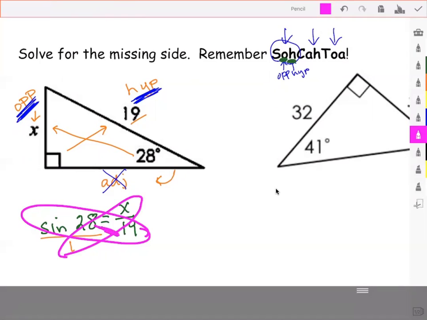And if you'll put whatever's on the bottom in front, 19 times sine of 28, if you'll put your sine, cosine, tangent second, it'll be easier to type in your calculator. So just trust me. In multiplication the order doesn't matter: 2 times 3 is the same as 3 times 2. So just to make it easier for our calculator, put whatever's on the bottom in front. And then 1 times x is just x.